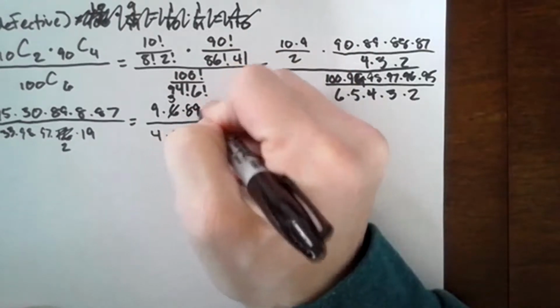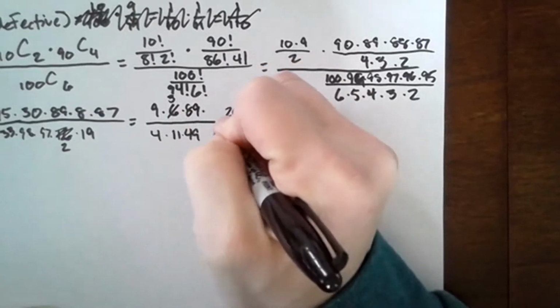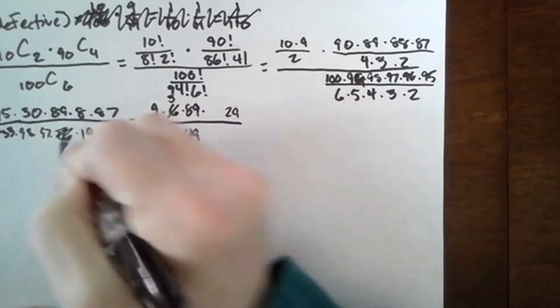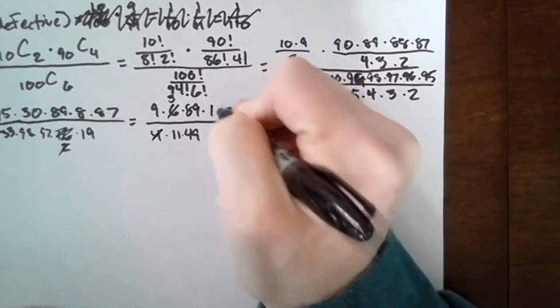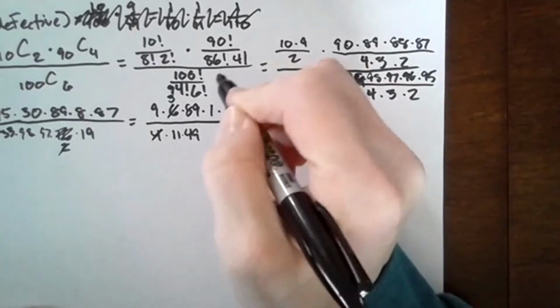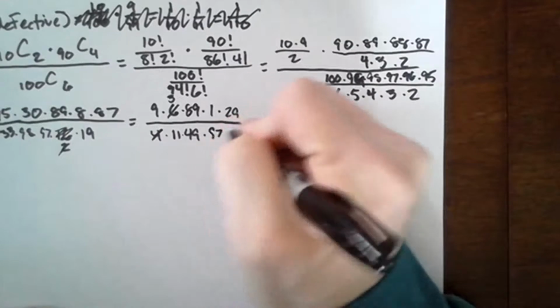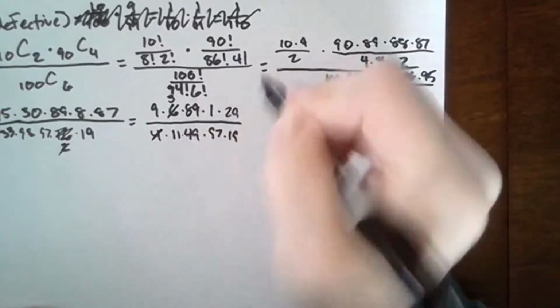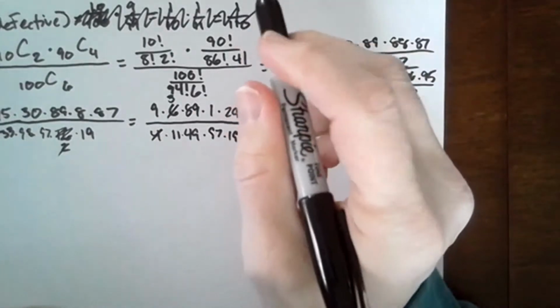We can't do anything with that. 8, of course, is a multiple of 4 and 2, so we can get rid of our 2 there and our 4 there, and get rid of our 8 entirely. So that leaves us with 97. 11 times 49 times 97 times 19 in our denominator. And I don't think there's anything else we can get rid of there.